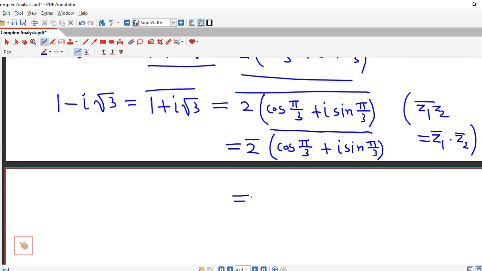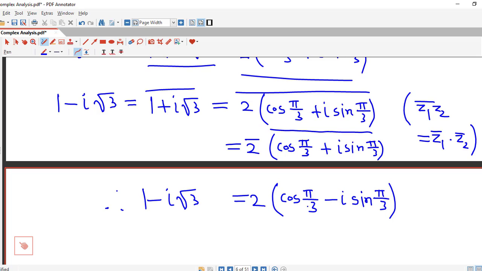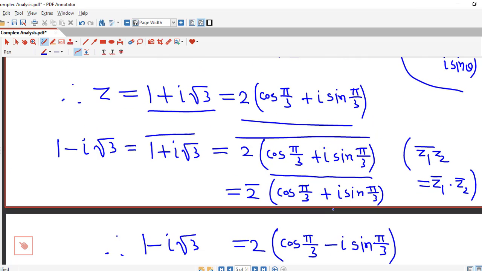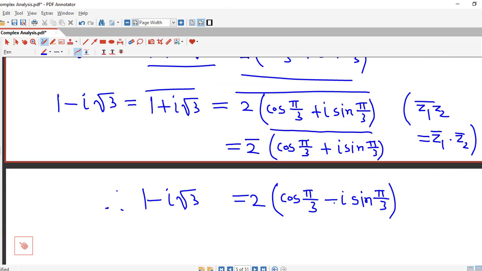Now 2 is a real number, so its conjugate is 2, and the conjugate of cos pi by 3 plus i sin pi by 3 is cos pi by 3 minus i sin pi by 3. Therefore 1 minus i root 3 equals 2 times (cos pi by 3 minus i sin pi by 3). So we have converted 1 plus i root 3 and 1 minus i root 3 into polar form.